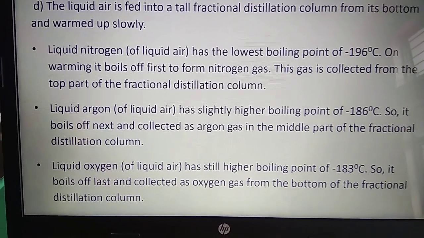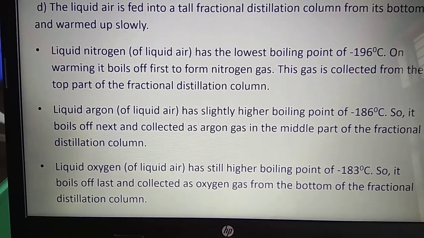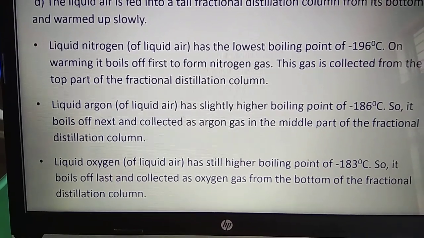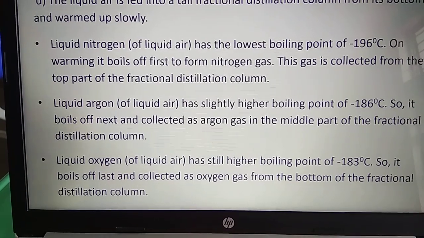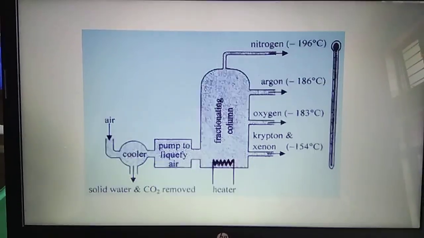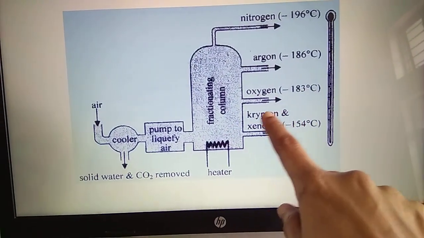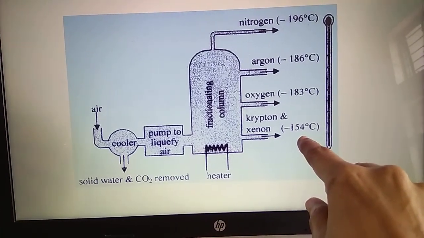Next is liquid oxygen, which has a still higher boiling point, that is minus 183 degrees Celsius. So it will vaporize later and it will be collected as oxygen gas from the bottom of the fractional distillation column. Let's see the diagram again. See here, the very minor components krypton and xenon have a boiling point of minus 154 degrees Celsius.